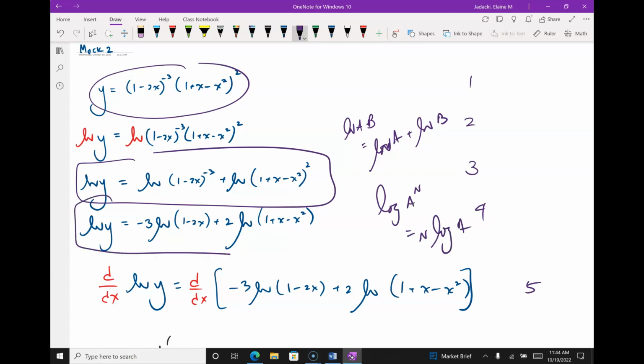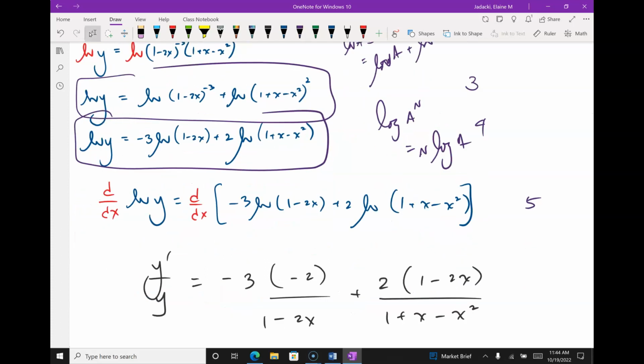So that's how we get line 4. Everybody with me there? You remember those properties of logs in pre-cal? Anybody remember the properties? Oh, that's good. Then I take the derivative of both sides, and remember the derivative of ln is very simple, right? d/dx of ln of u is u prime over u.